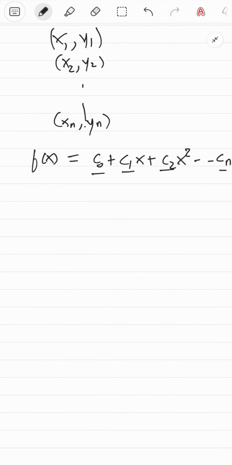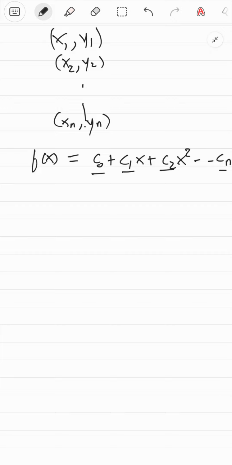The usual way to figure out a polynomial passing through some points, say for example 3 points, would be to assume a polynomial, right? Assume that its degree is unknown.